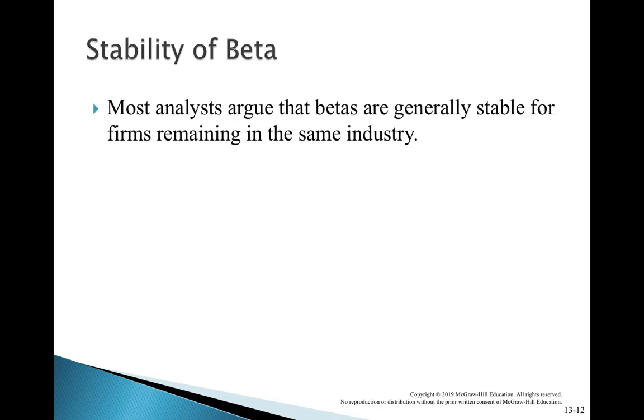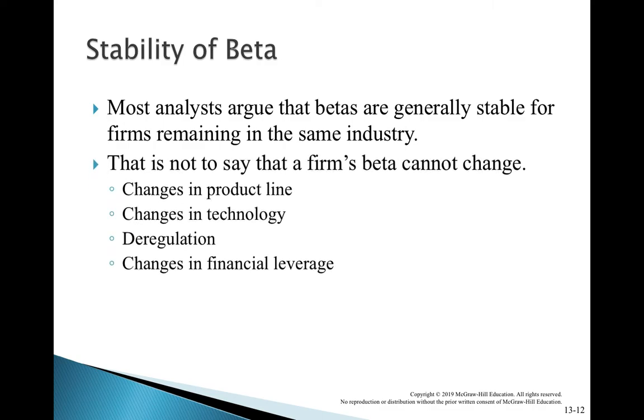Stability of the beta. Most analysts argue that betas are generally stable for firms remaining in the same industry. That is not to say that a firm's beta cannot change. As we have discussed in the previous slide, if the company changes its product line, the beta will change.